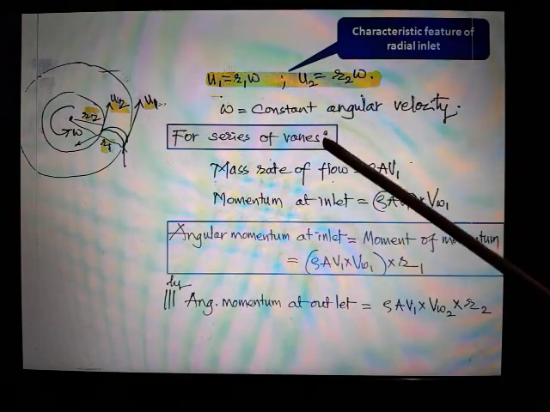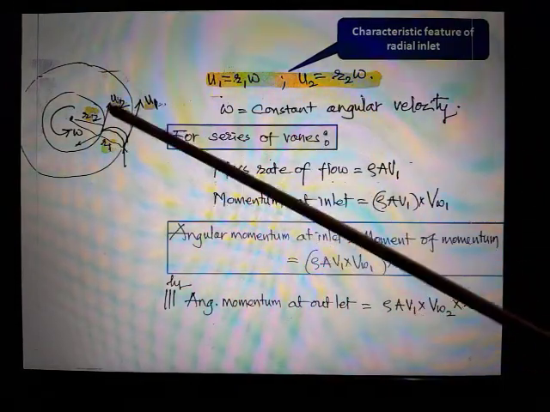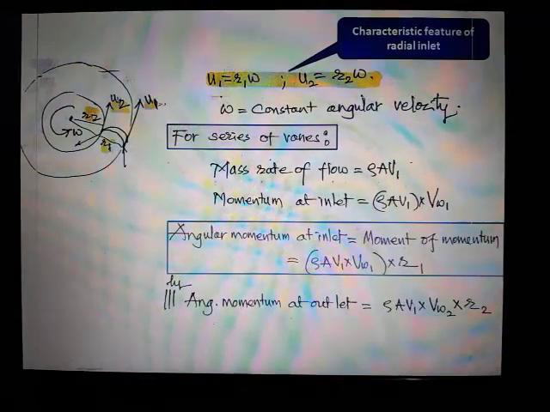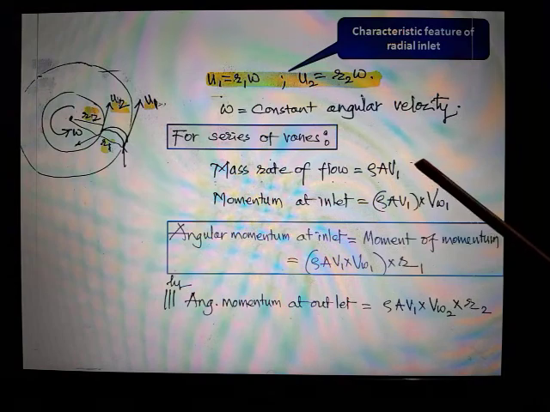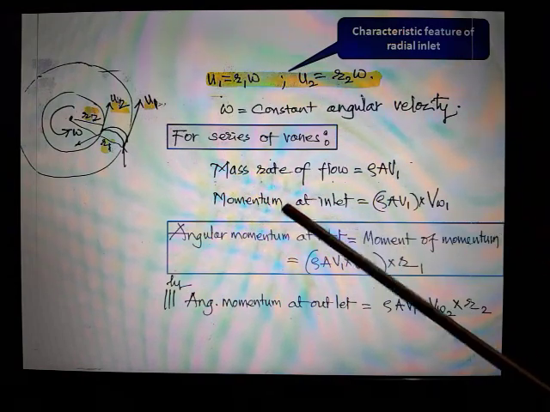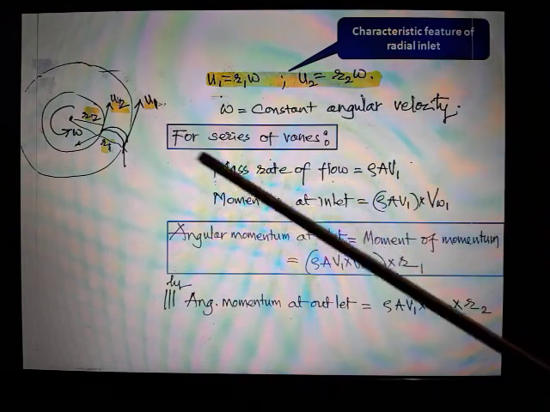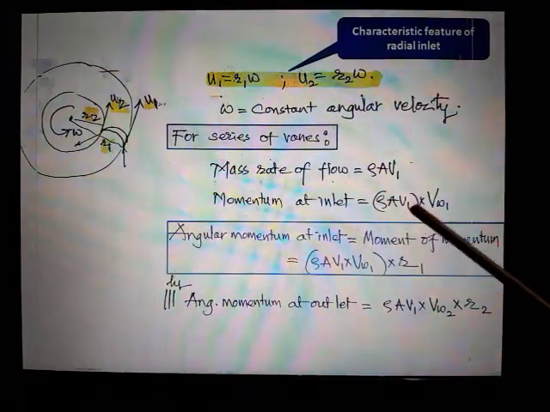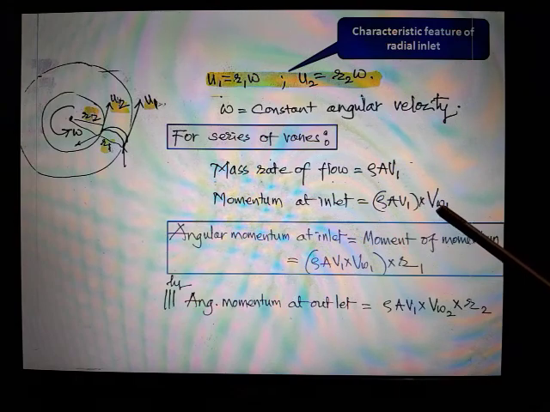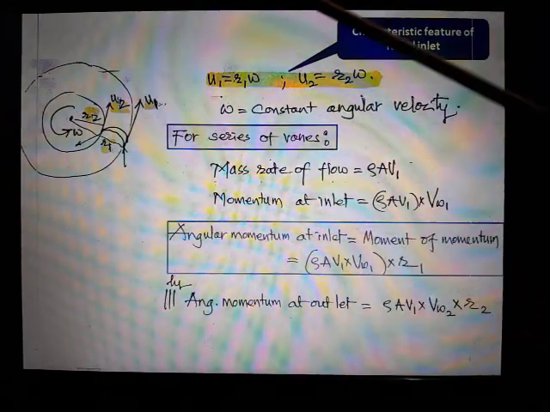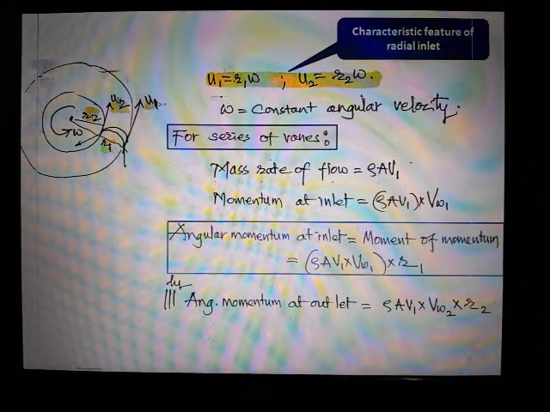Now for a series of vanes, that is not one vane, there will be a number of vanes which are attached to the wheel, mass rate of flow becomes rho a v1. Then momentum at inlet, mass is rho a v1, the velocity in the direction of u1 is vw1.